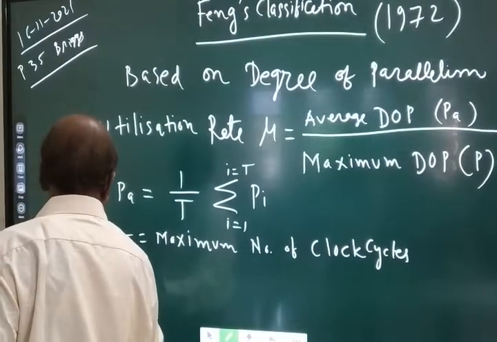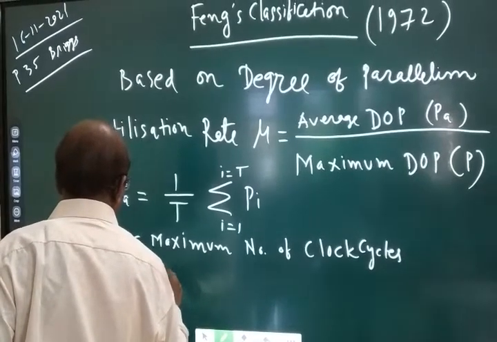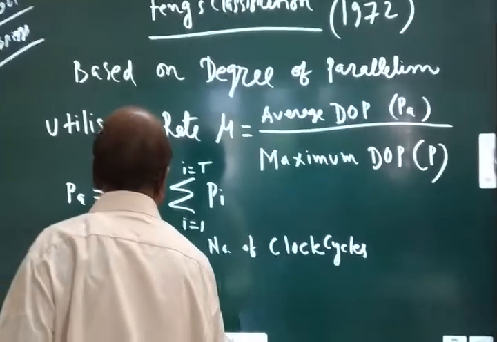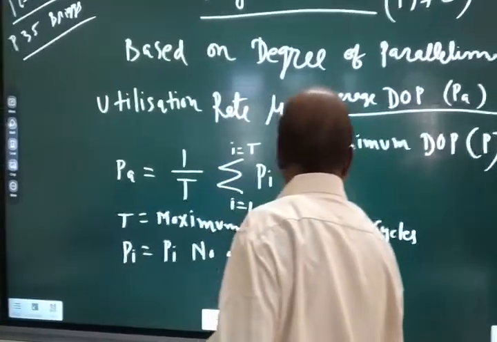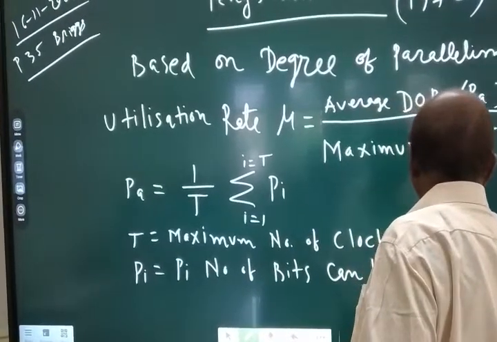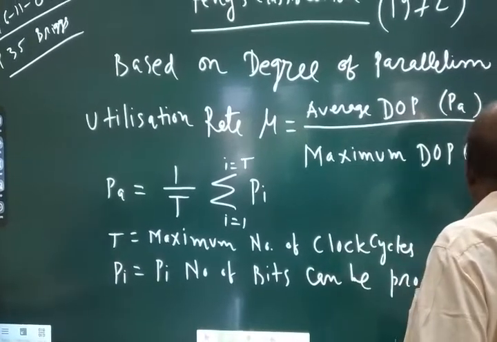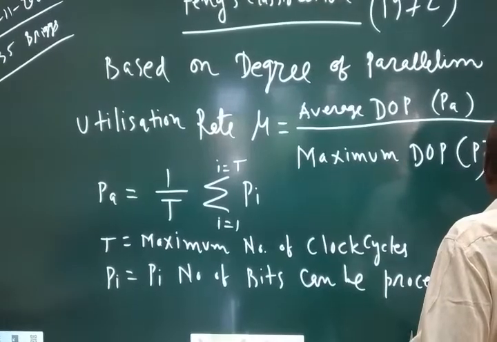That means Pi number of bits can be processed in ith cycle. Okay.